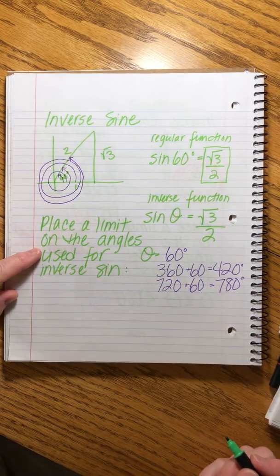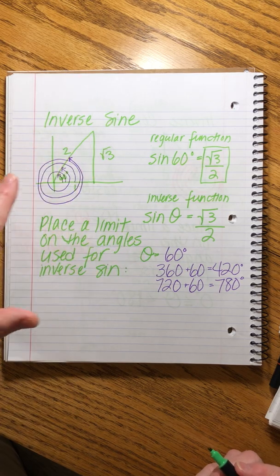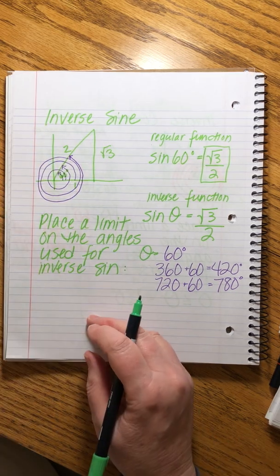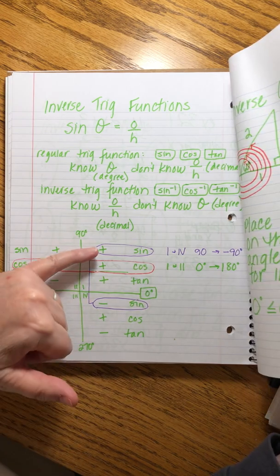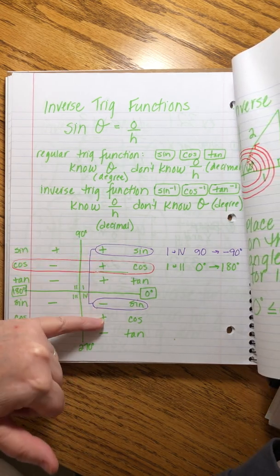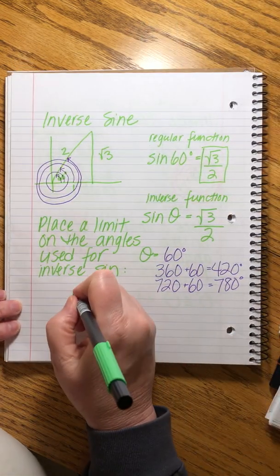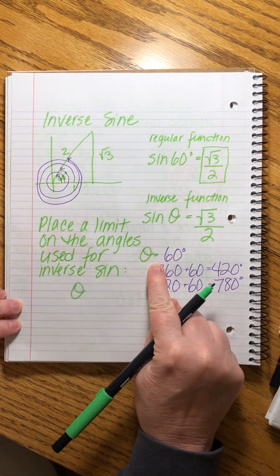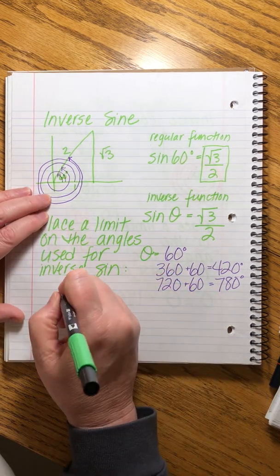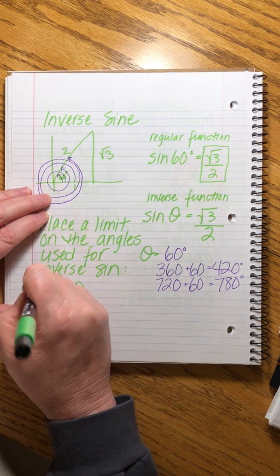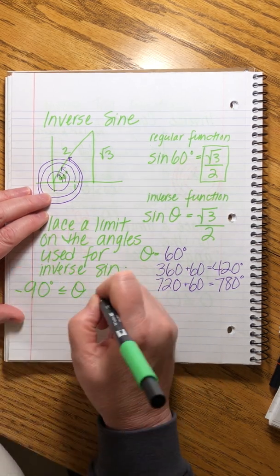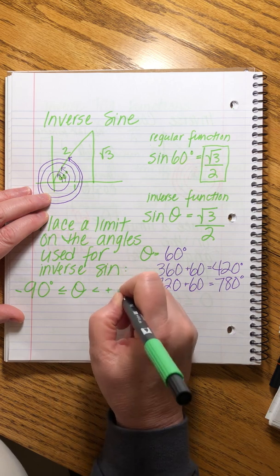Okay, so we're going to place another limit so that we don't have to keep spinning. But the difference is this limit is going to be in the first and the fourth quadrant. So we'll say that the theta that we're choosing, the degrees for this angle, are going to be between minus 90 and plus 90.